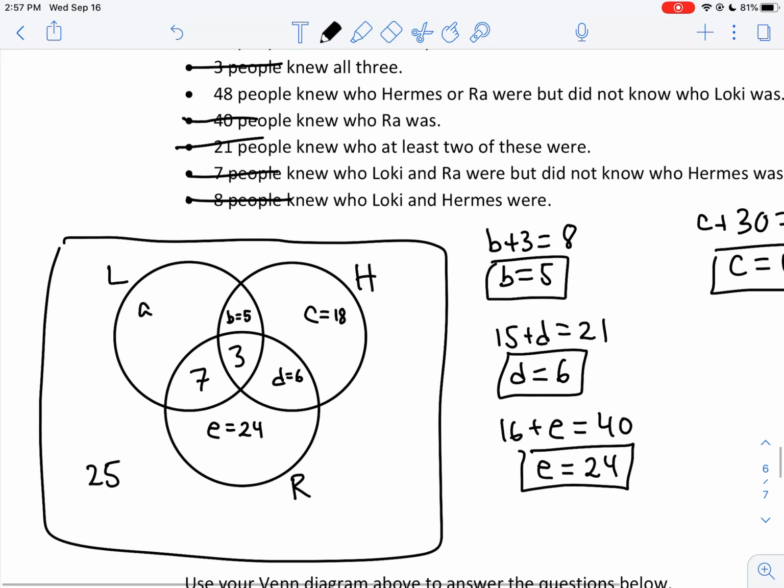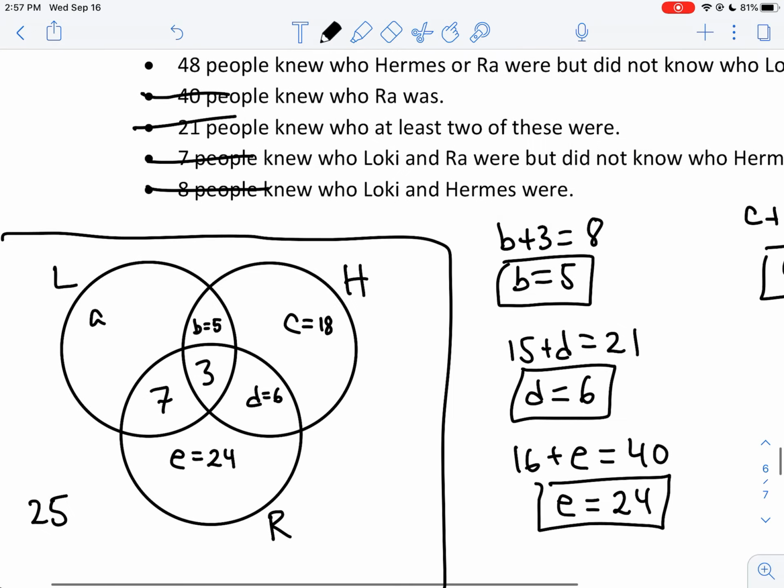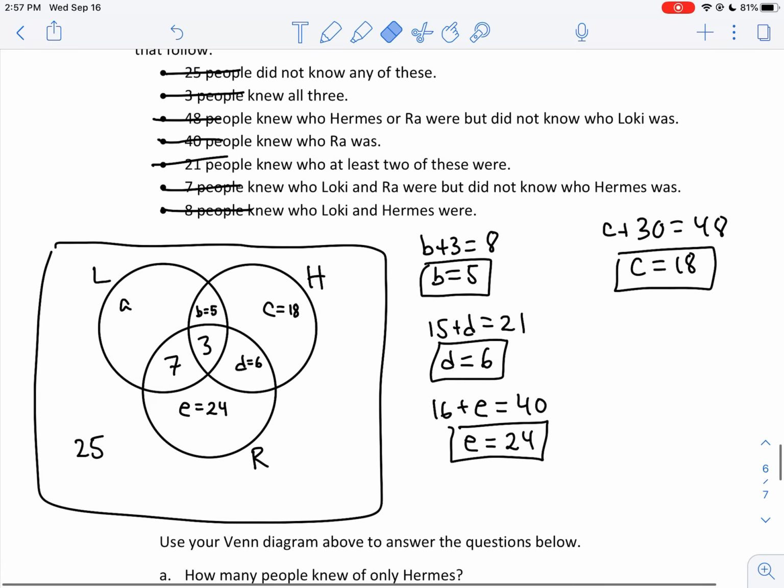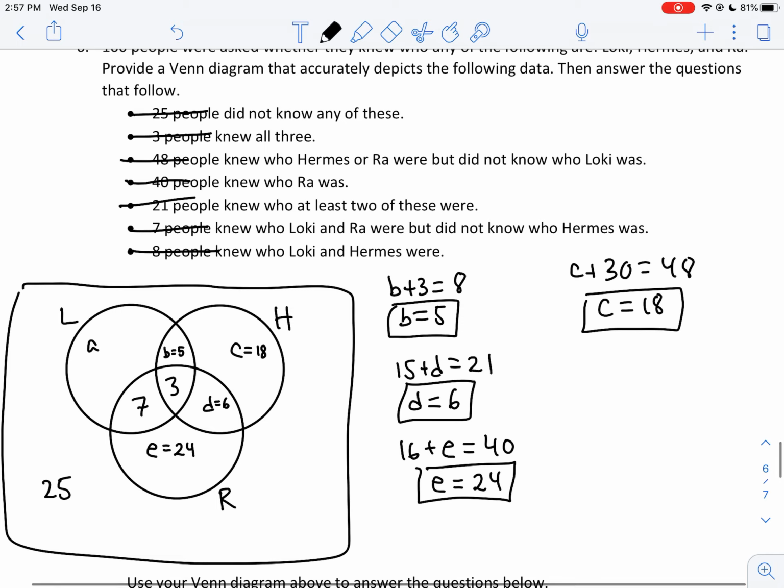And finally, we just got one left to figure out, A. And that's going to be based off this information here. I've used that, by the way. So we know that 100 total people should be in this Venn diagram. So everything added together, including this 25, including the A, have to add to 100. Well, let's see, what was the Ra circle? How many people knew Ra? That was 40, right?